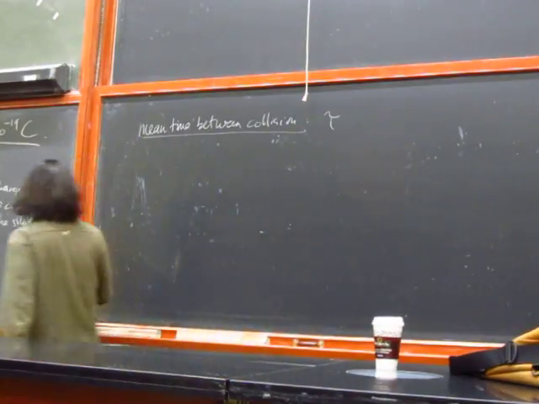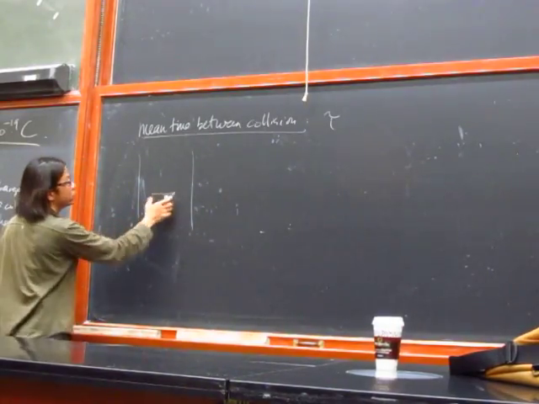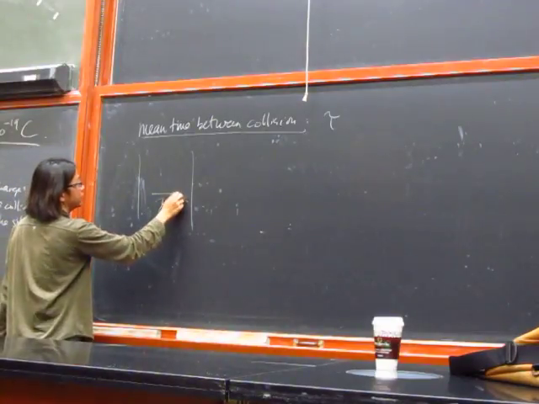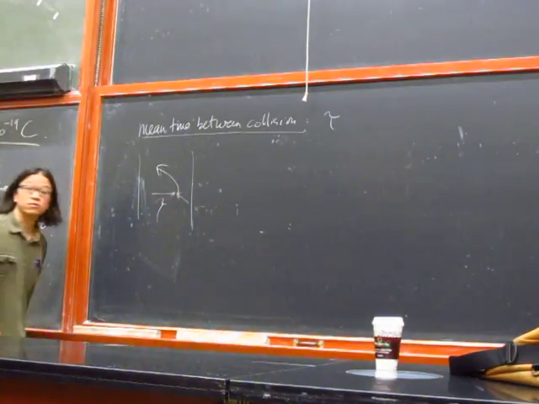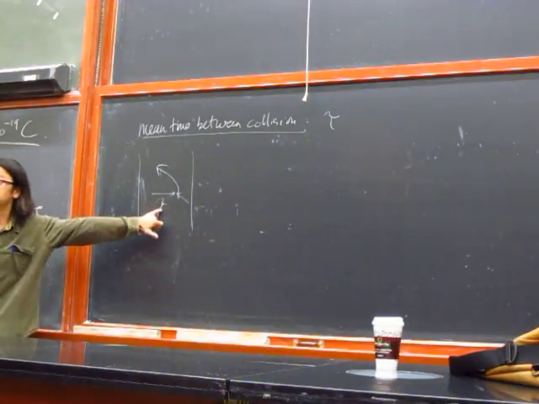So just imagine it gets accelerated for some time, average time tau, and then under collision the molecule gets scattered. It loses memory of its previous velocity.